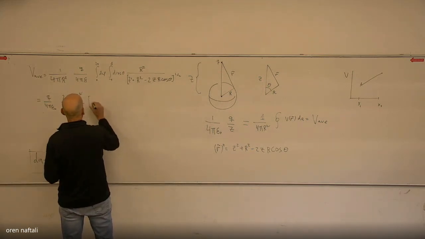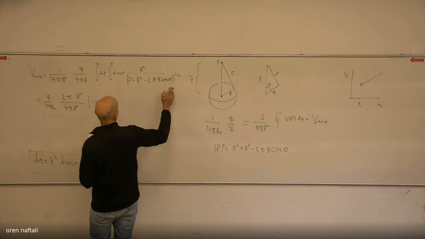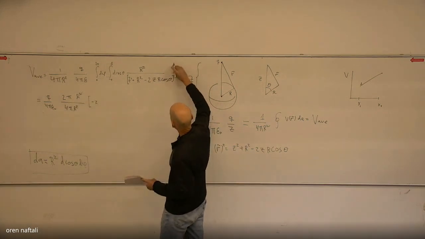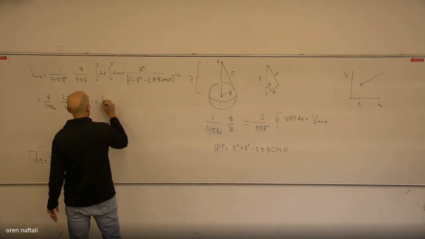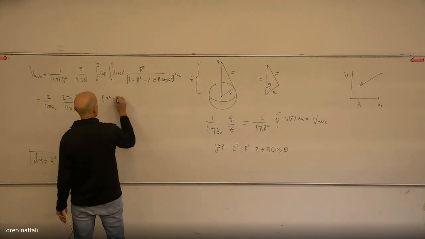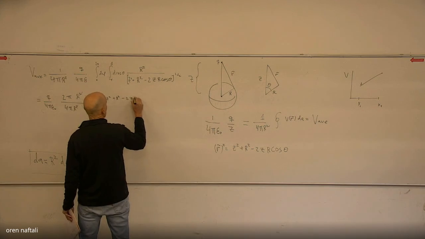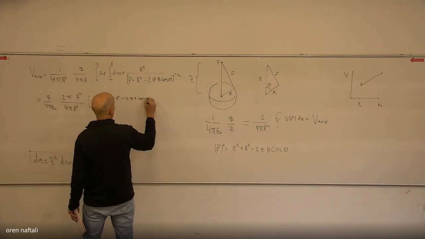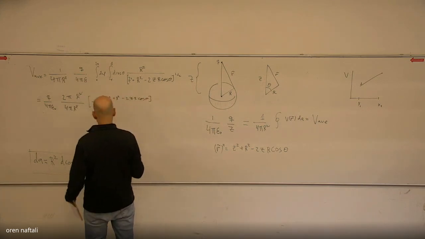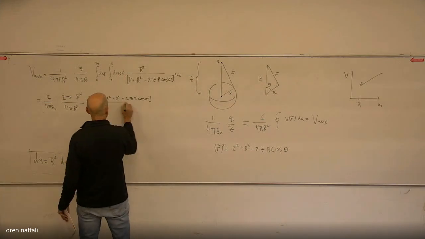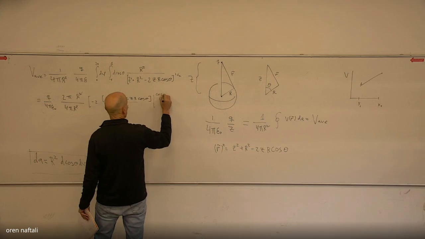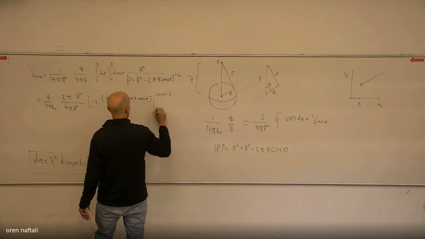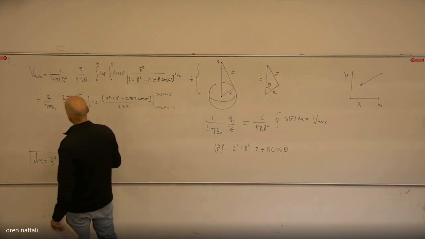And this is equal to the following: -2. This comes from the derivative of this half. And then I have z squared plus r squared minus 2zr cosine theta, divided by 2zr, evaluated between cosine theta 1 and cosine theta -1.